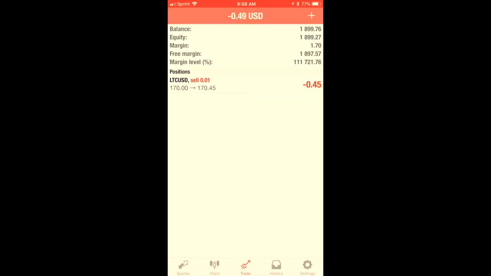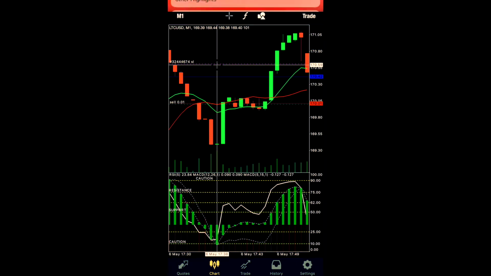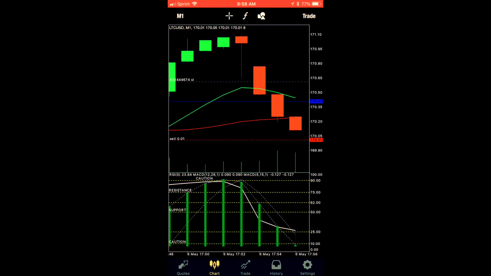Right here, I'm at 45 cents negative, but it's fine. It must have dropped down below 7 and it went back up for a second. But as you can see right here, this is about to cross over.